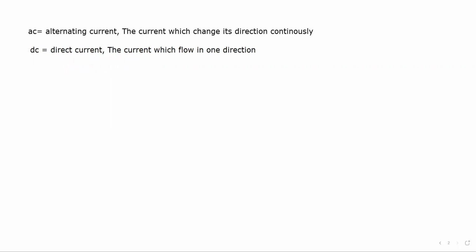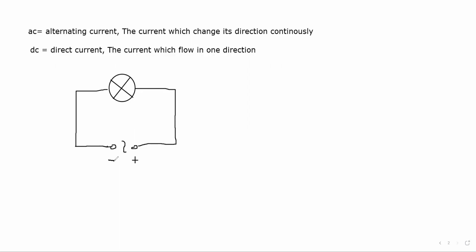Example, you have a lamp and you connect an AC supply to this. This is the circuit symbol for an AC supply. Now what happens with an AC supply? Example, first the right hand side is positive, the left hand side is negative. So what is the direction of the conventional current?